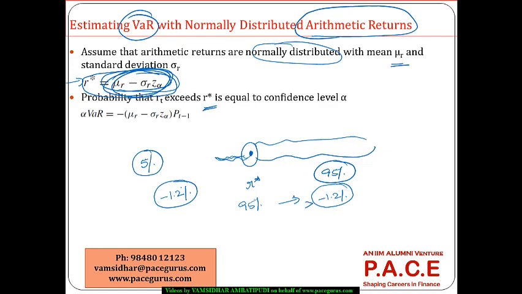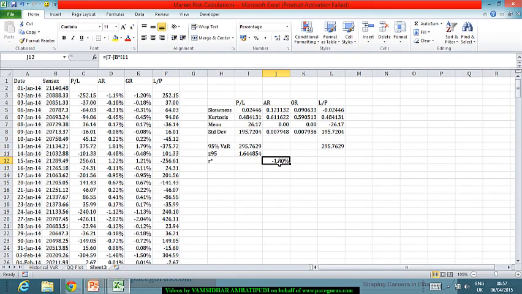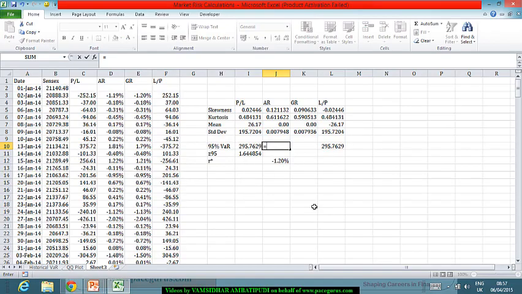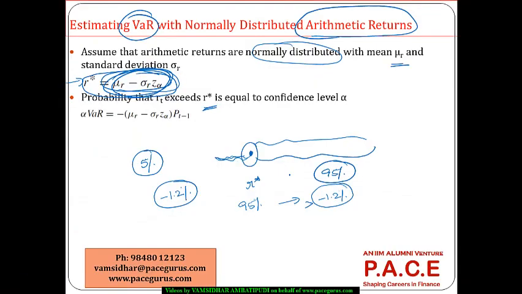What we are simply saying is that the 95% confidence interval VaR using the arithmetic return mechanism comes out directly. Here we have computed the R star. What I simply do is take the minus of it.